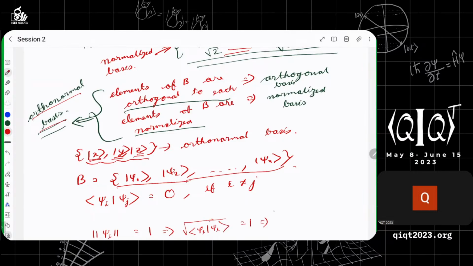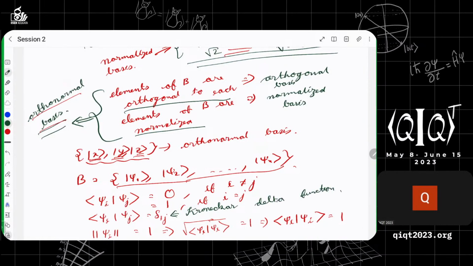So if you square both sides, then <psi i|psi i> is 1. So it's 1 if i equals j. There's a convenient notation for writing this: <psi i|psi j> is delta ij, where delta ij is the Kronecker delta function. So these are the conditions for an orthonormal basis.